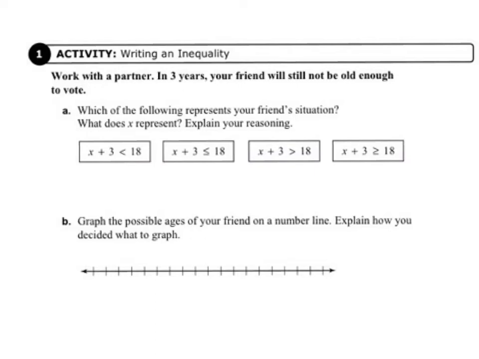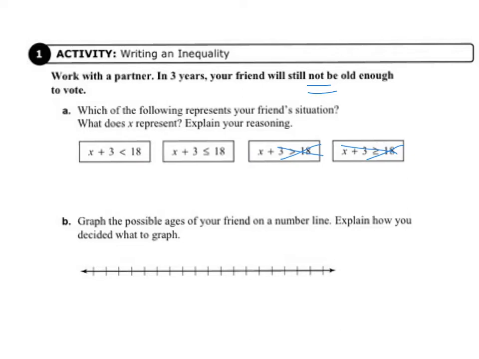So that would make our friend 13. 13 isn't greater than 18, and the voting age is 18. So if our friend is not old enough to vote, then we're looking at one of these where our friend is less than 18. So it's not going to be that one, and it's not going to be that one.